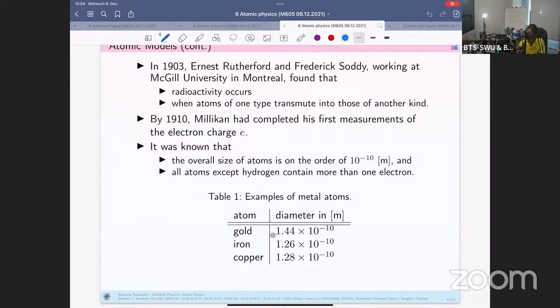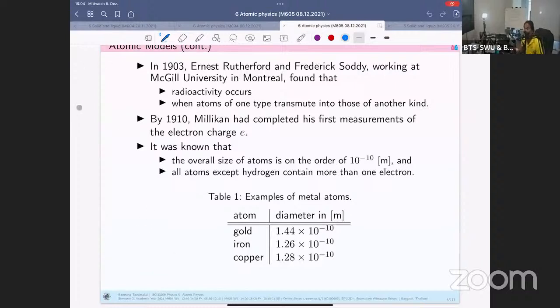The gold atom is bigger than the iron atom, right? Iron is 1.26 times 10 to negative 10 meter, and copper here has a diameter of 1.28 times 10 to negative 10 meter. It's angstrom too, the same order.